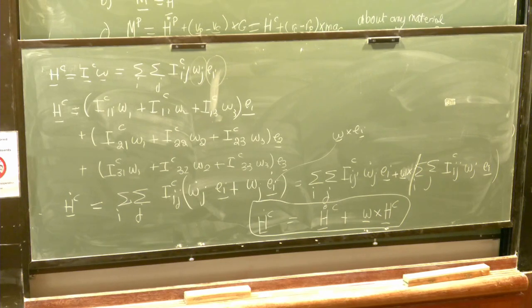Now, for the purposes of this class, we're considering mostly problems of planar rigid bodies, so we're going to take the angular velocity to be along e_z.